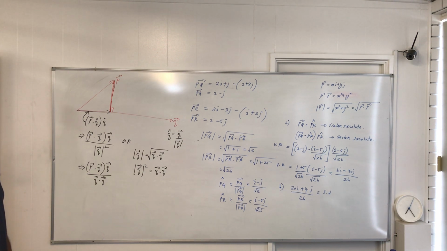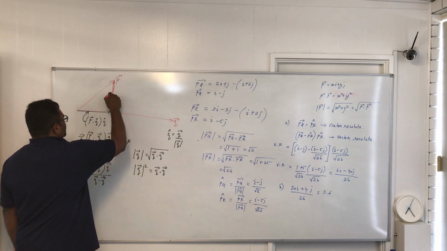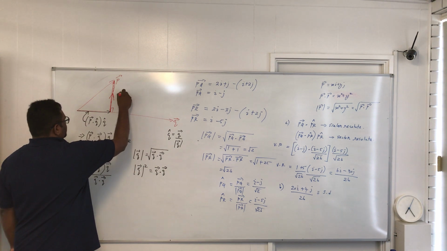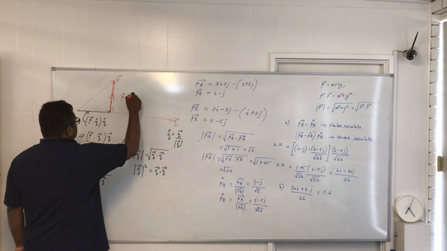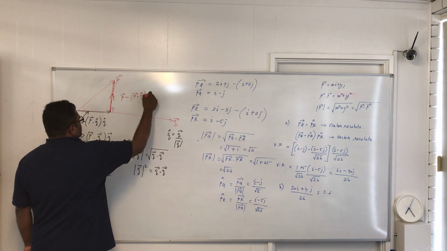It's this in the direction of this. So you bring this down here. This is the length that you're looking for. So this vector over here, this plus that is equal to this, right? So this vector is nothing but P minus the vector resolute, which is P dot Q. Yeah, that's it.